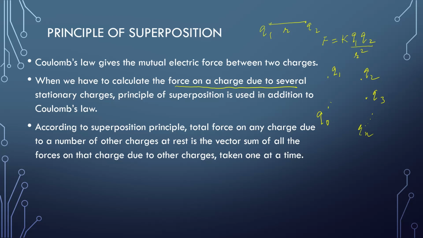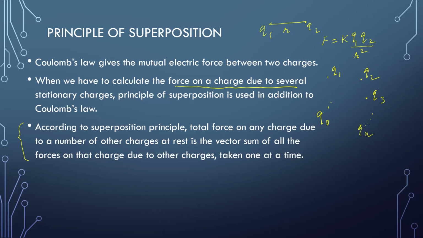According to the superposition principle, now what is the statement of the principle? This gives us the statement of the principle. According to the superposition principle, the total force on any charge due to a number of other charges at rest is the vector sum of all the forces on that charge due to other charges taken one at a time. So when we have to use the superposition principle, what we do is we take one particular charge Q1 at a time and find out what is the force on the charge Q0 due to this particular charge Q1.